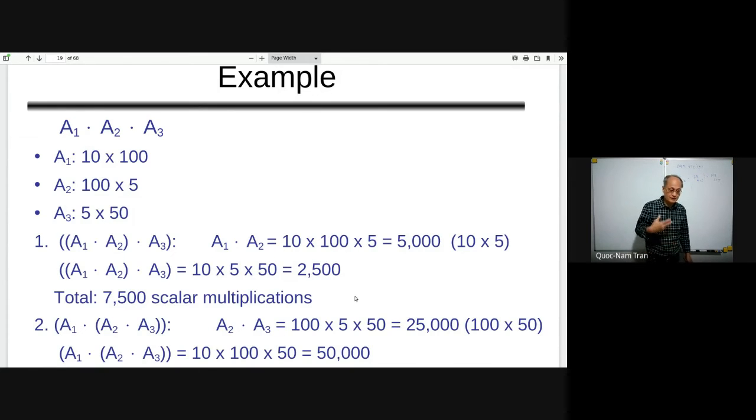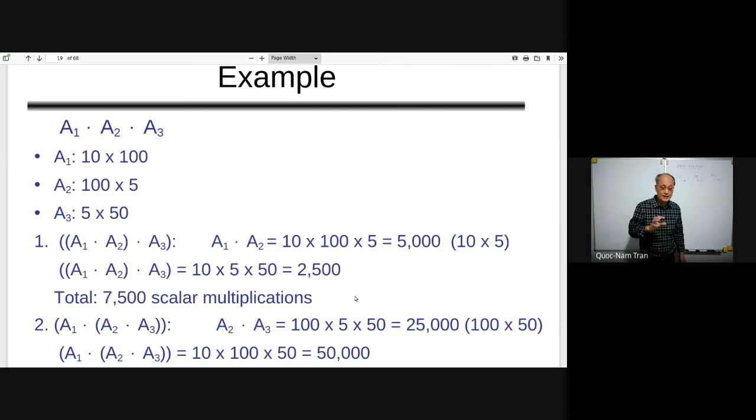A2, 100 rows, 5 columns. And A3, right? 5 times 50. If you multiply A1 with A2 first, and then after that multiply with A3, the total number of multiplications of the small values is 2500.